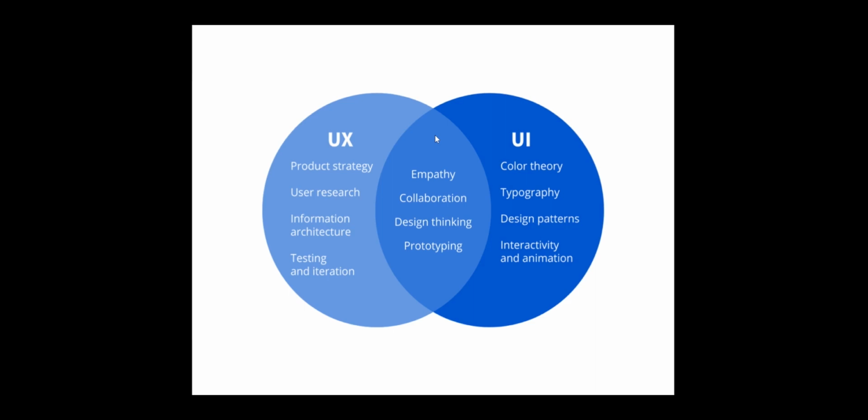Now, product strategy. There has to be a strategy behind your product. Once you are going to build a product, there has to be why. Why are you building the product? When I say why are you building the product, I mean which problem is it solving? Who are the people that the product is going to serve?